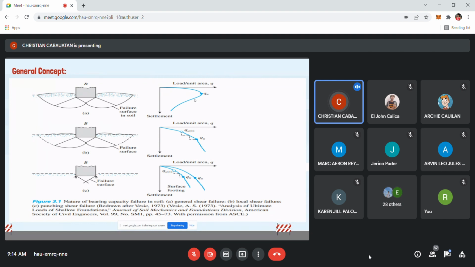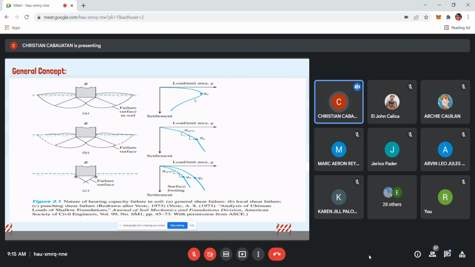Look at the settlement curve if you gradually apply a load per unit area. However, in that case, the failure surface in the soil will gradually extend outward from the foundation, not like the general shear failure.